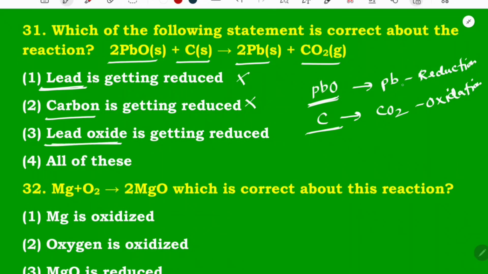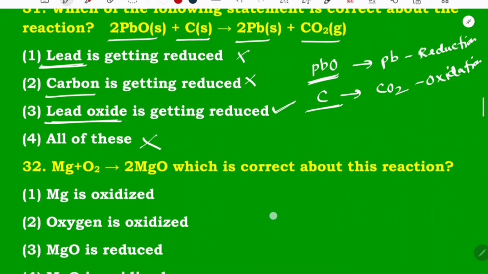Lead oxide is converting to lead, so it is reduced. So lead oxide getting reduced is the correct answer for this equation; all the others are wrong. Reduction takes place. So okay, clear? So next.